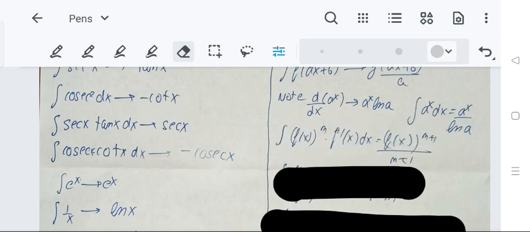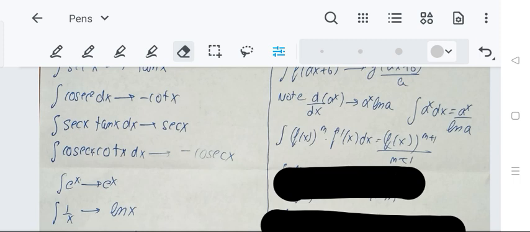This is just a miscellaneous property. If you can remember, good. If not, no problem. The integration of a function raised to the power n multiplied by the differentiation of the function, the whole term's integration will be that function raised to the power n plus 1 divided by n plus 1.